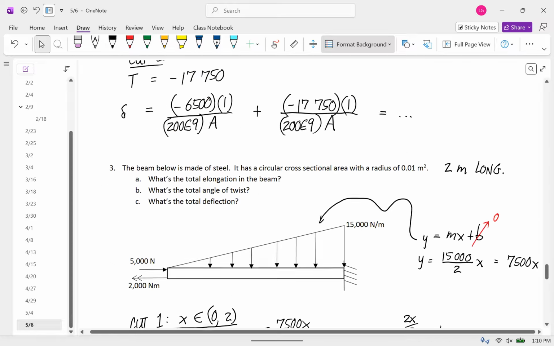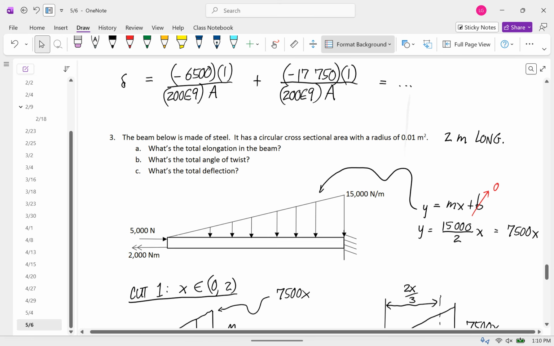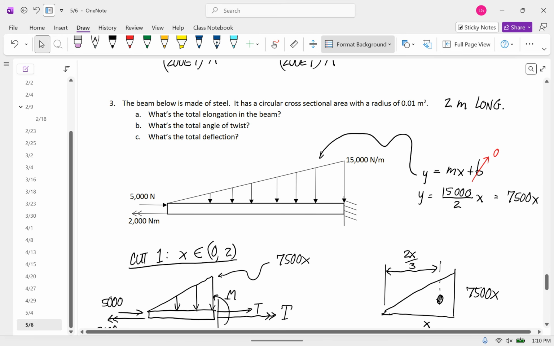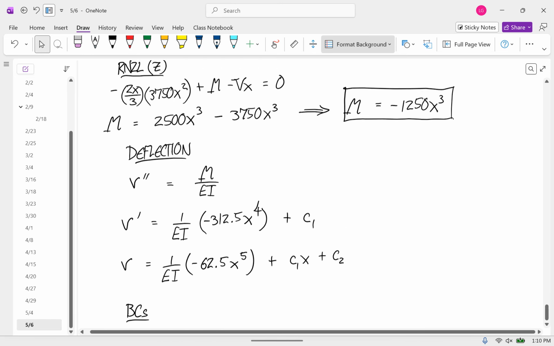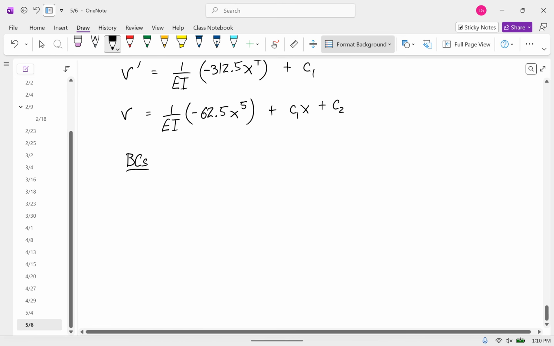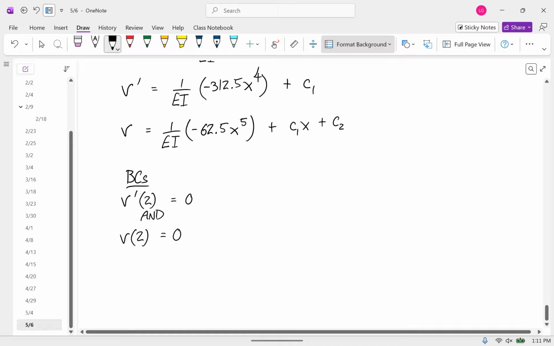what do we know? This is a cantilever beam. So we know that at x equals 2, v is equal to 0, and v prime is equal to 0. So our boundary conditions are that v prime at 2 is equal to 0, and v at x equals 2 is 0. So I'll start with the v prime one.